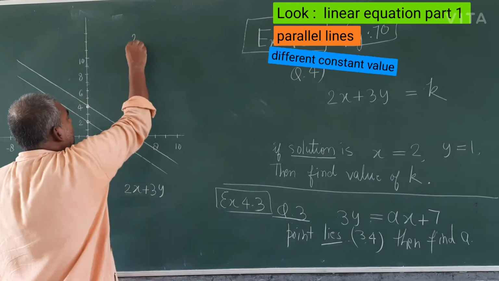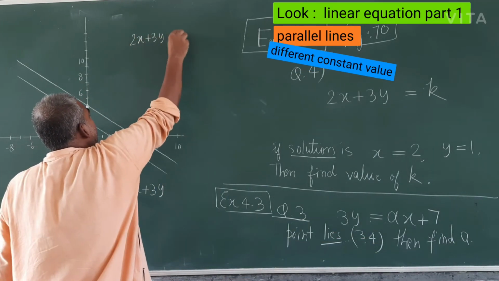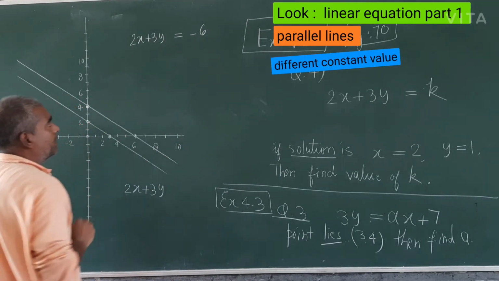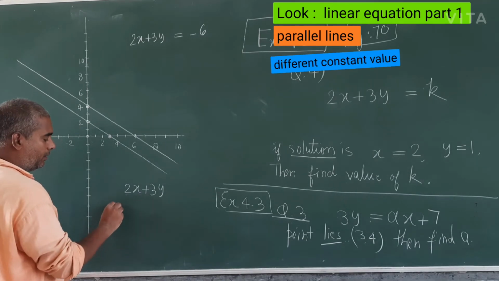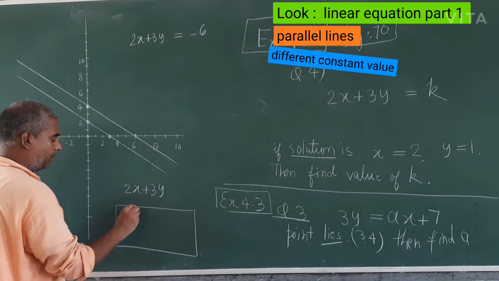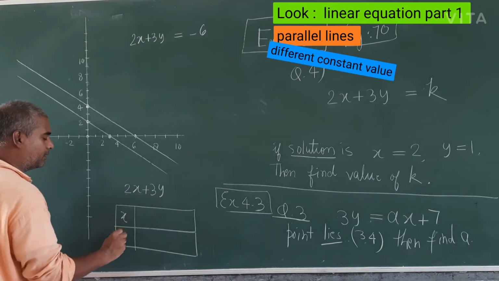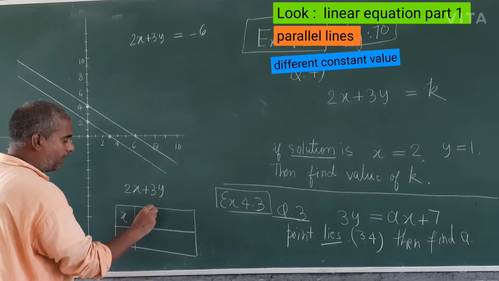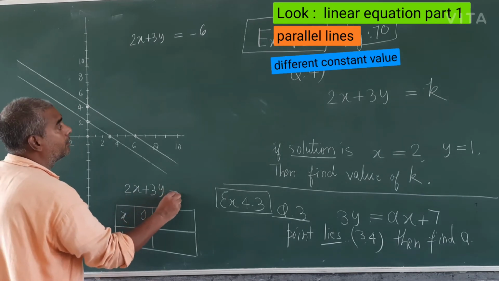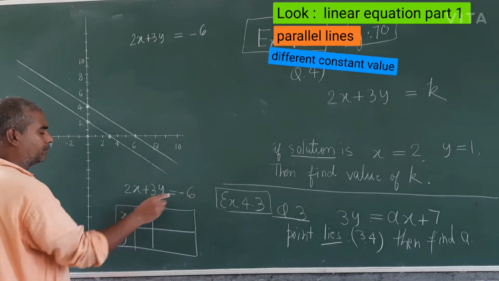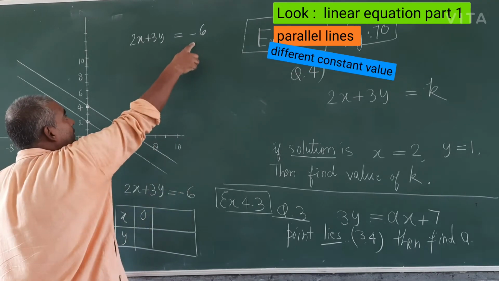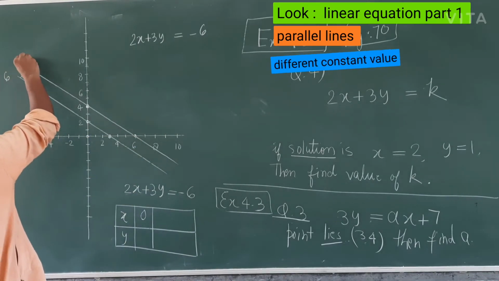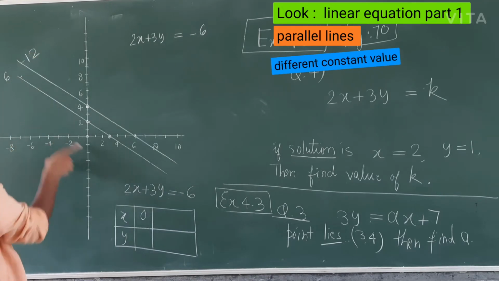Suppose I write 2x plus 3y is equal to minus 6. So what will be the points? Put x equal to 0 and get the value of y. Because I have changed the value of k. Earlier it was positive 6, then 12, and now I am taking minus 6.